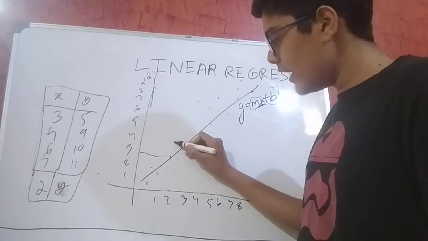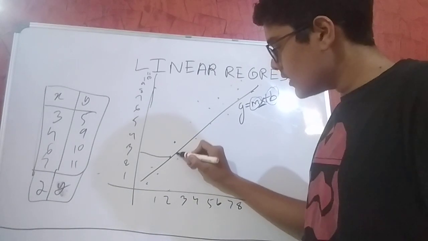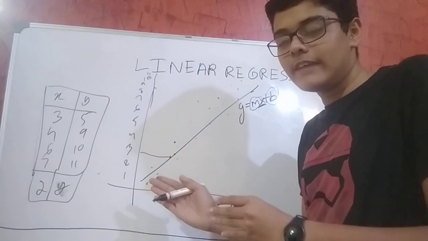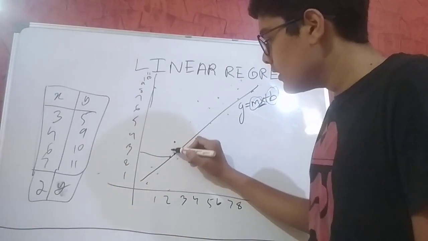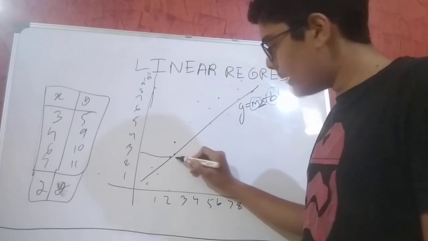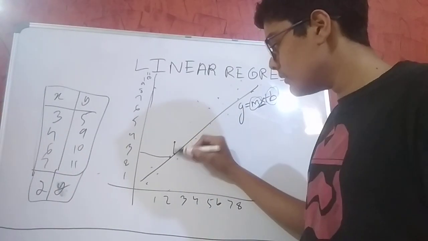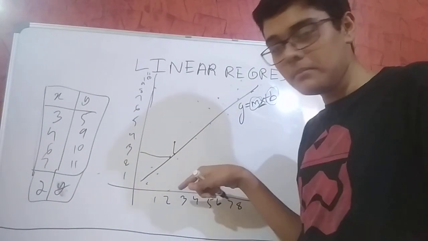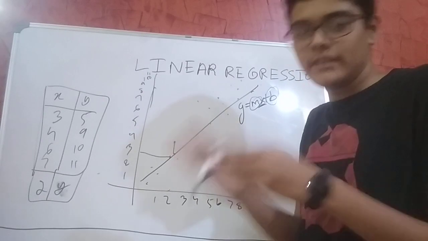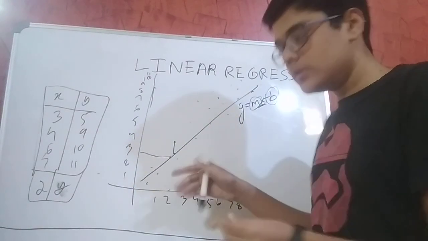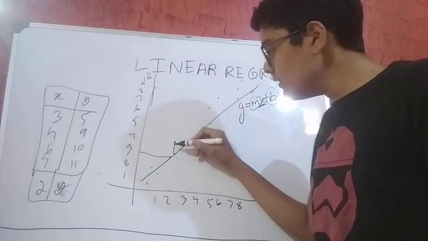It will be this point's y value minus the corresponding predicted y value, or the y hat, they call it. So this y value minus this y value, that will give you the difference, right? Because obviously that x is the same.